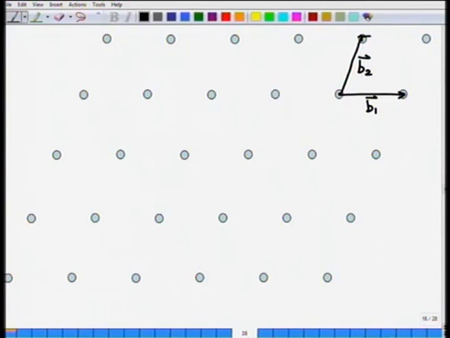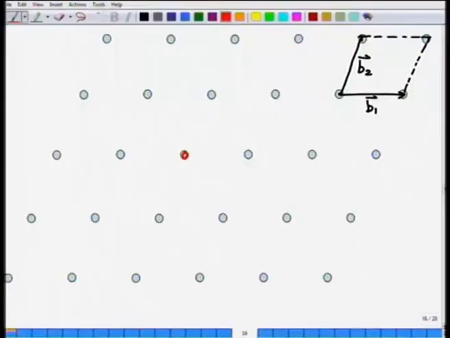They enclose an area, and this becomes our unit cell. Remember, there is no unique choice of B1 and B2, you can use many. This is in reciprocal space, and repeating this unit cell would generate all the lattice points.